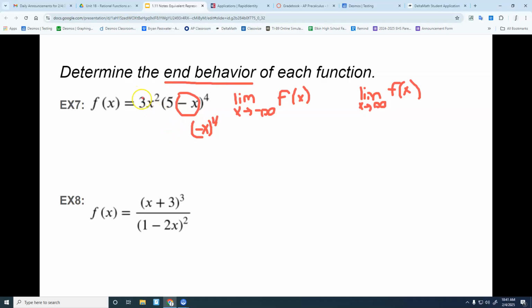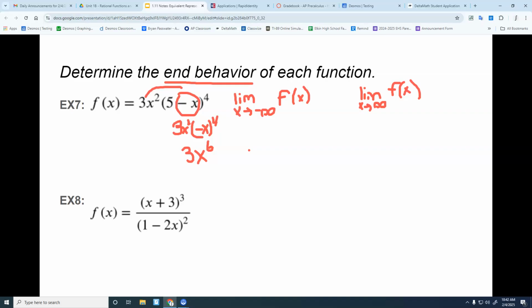And then I'm going to have to distribute the 3x squared to it. So I'm not doing the whole thing. I'm just thinking about what's going to happen here. So this is going to be a positive x to the 4th. So I would get 3x to the 6th power. That would be my highest term.